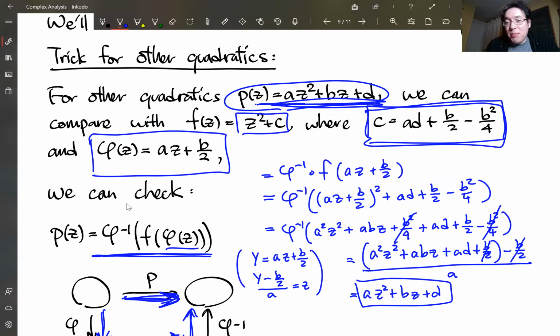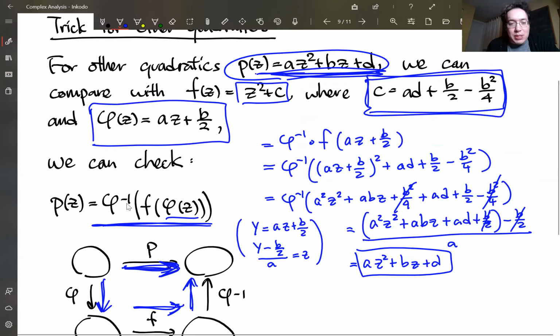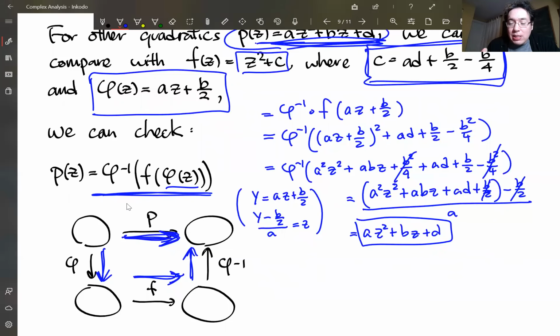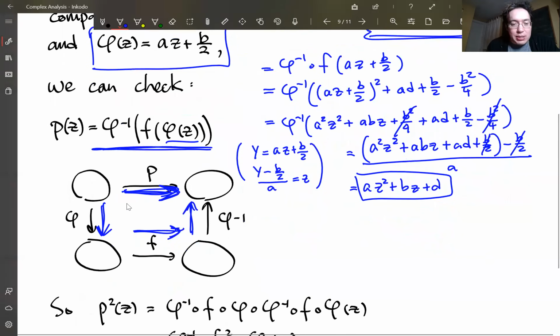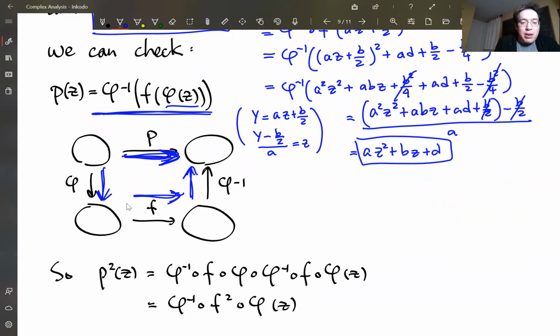Okay, how does this simplify the situation? It looks like we created more steps for ourselves, but it's actually kind of nice how this fits, because if you wanted to do iterates, so let's apply the function p twice. That's applying phi, f, and then inverse of phi, twice.